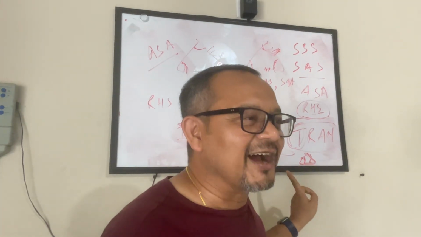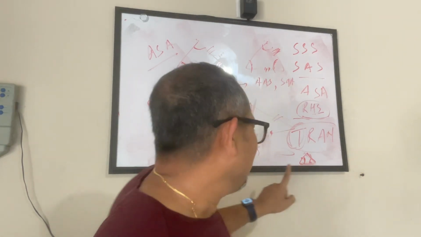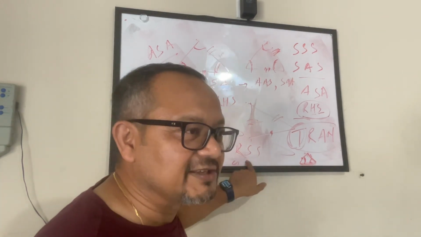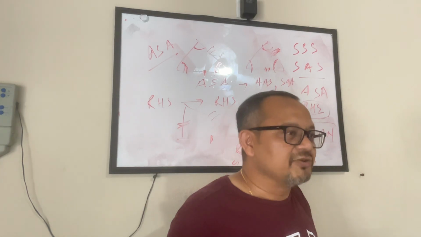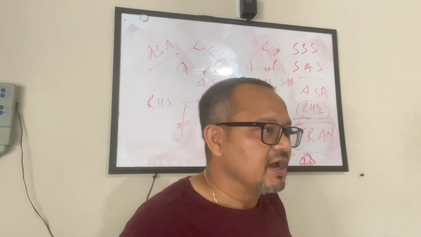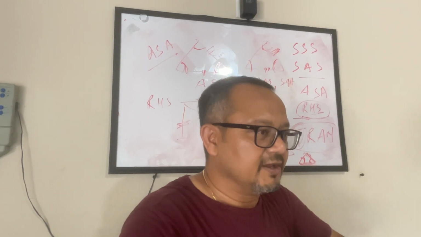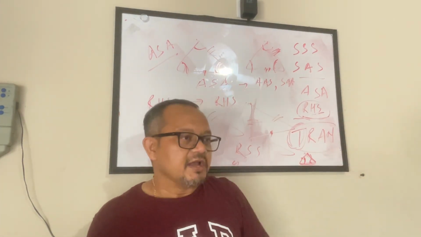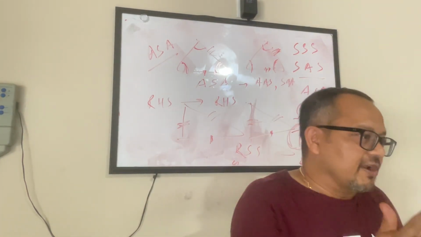Not the RSS that you see in India. It is for any right angle triangle, any two sides if they match, they will be congruent by using the Pythagorean theorem. Are you guys with me so far? Yeah? Everybody clear? Yes. Okay. So now let's do some fun.